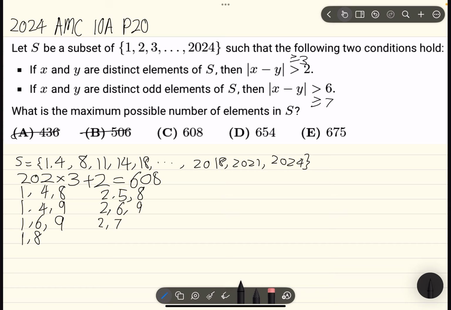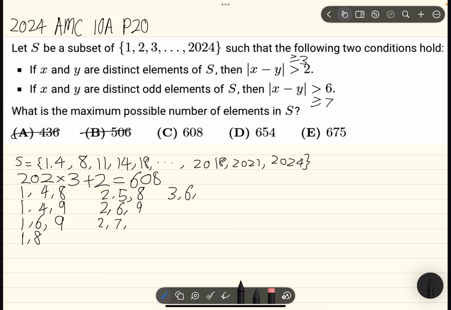Or 2, 7, and 10, that's not 3 elements, that's 2 elements, so this doesn't work. If we start with 3, 6, and then 10, which doesn't work again.